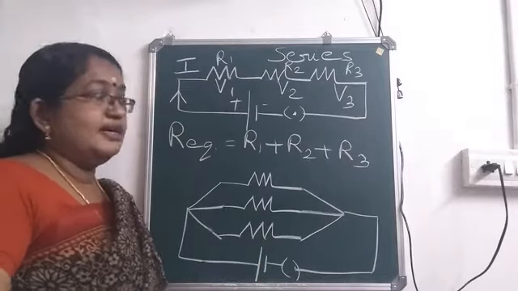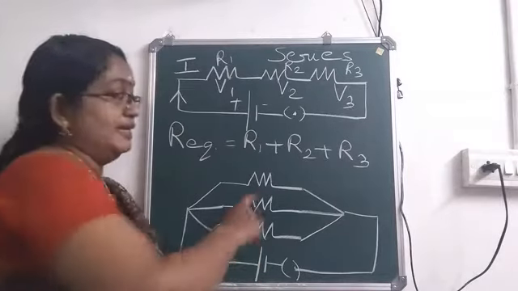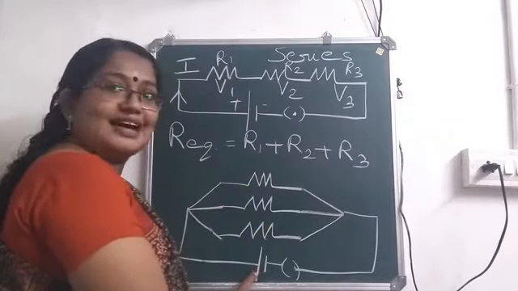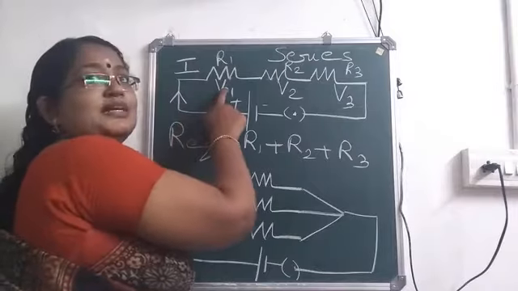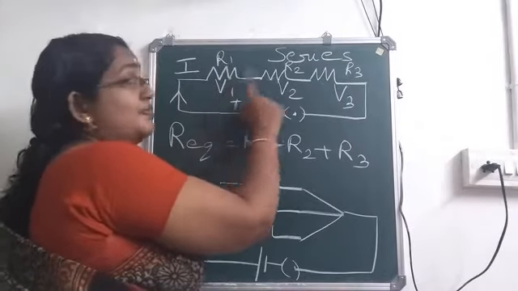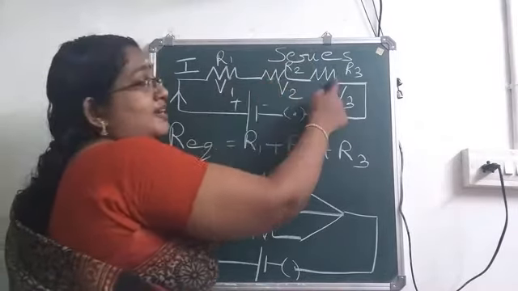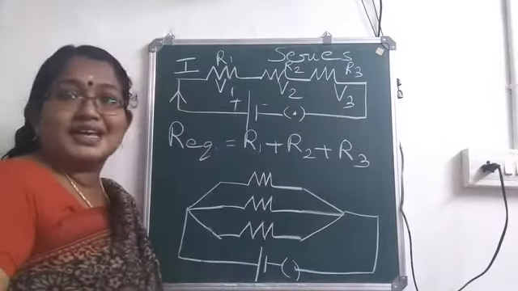In a series connection, the first one is connected to the positive terminal, the second one is connected to the first one, the third one is connected to the second, and the end of the third is connected to the negative terminal.